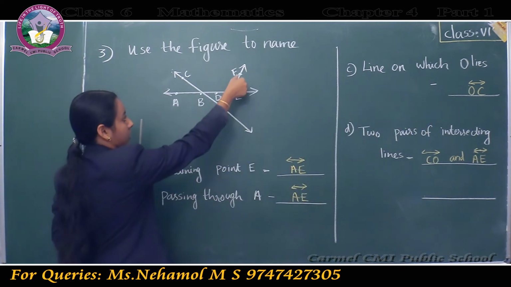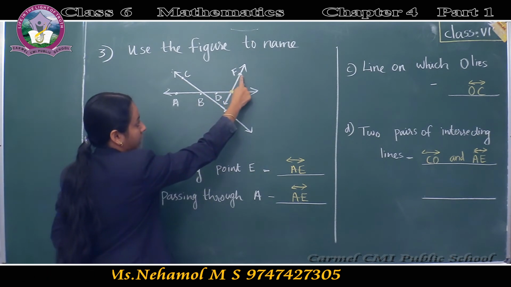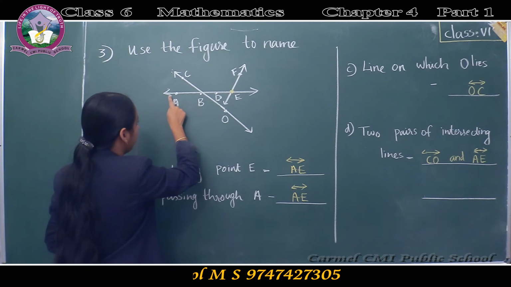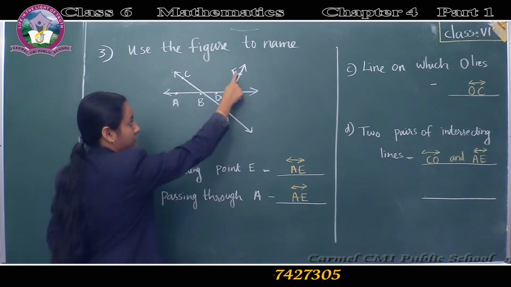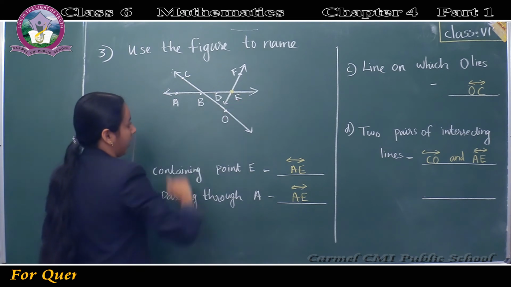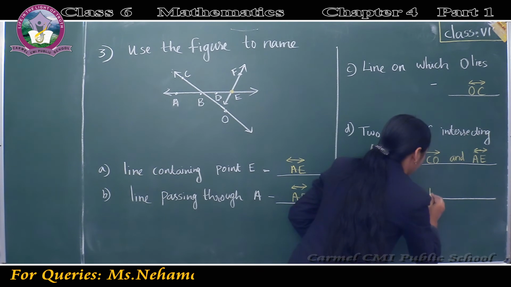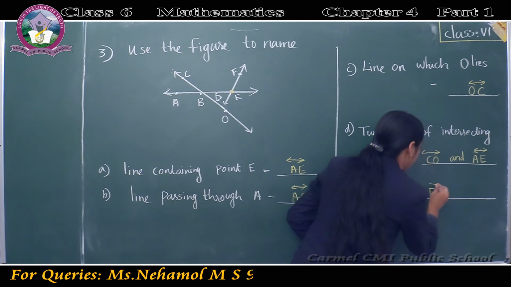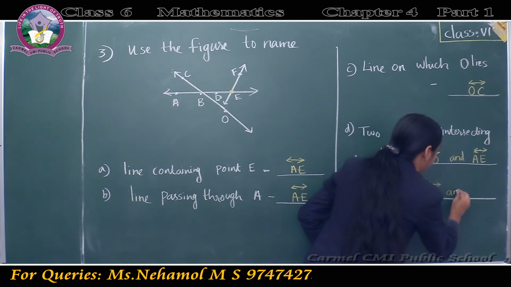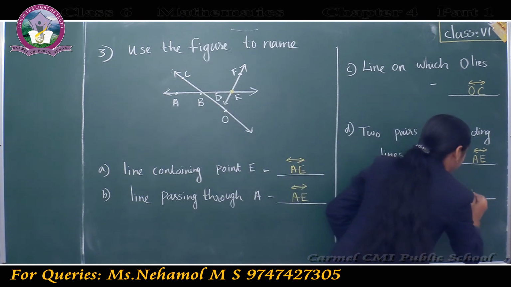Then these two lines are also intersecting lines: line FE and line AE. FE or EF. Line FE and line AE are also intersecting lines.